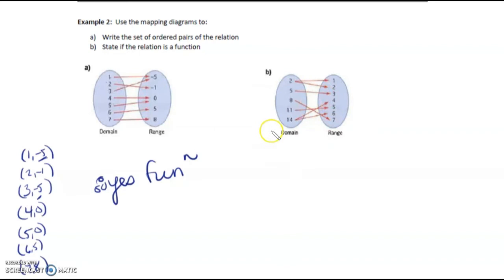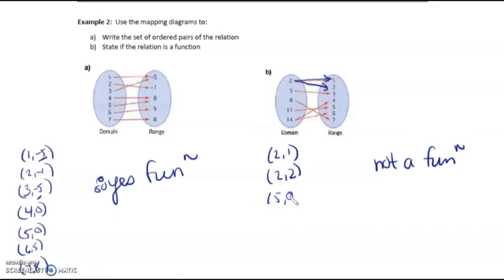Okay, let's list the ordered pairs here. 2 maps onto 1, 2 maps onto 2. So already, see how 2 points are coming from the 2 and mapping? Already, we know that this is not a function. 5 maps onto 3, 8 maps onto 7, 11 maps onto 5, 14 maps onto 4, and then 14 maps onto 6 as well.